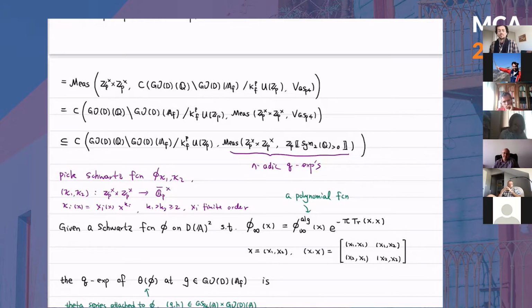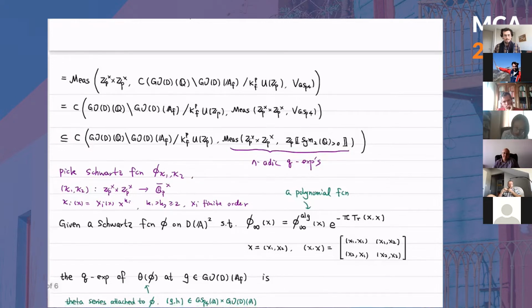So given a Schwartz function phi on these two copies of the quaternion algebra, I will assume that the infinite part is a polynomial function, the algebraic part, times the standard Gaussian function. Here I write x as (x1, x2), two copies of D, and the parenthesis (x, x) is the 2 by 2 matrix given by the quadratic form.